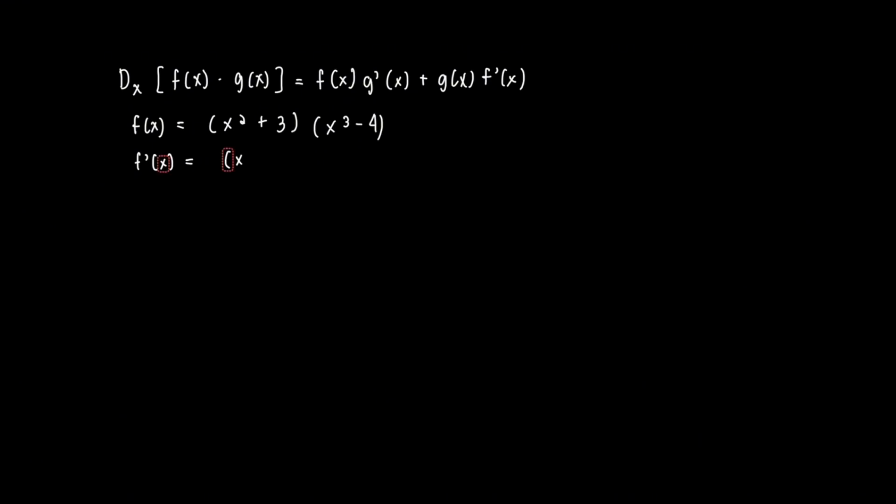So f of x is equal to x squared plus 3 multiplied to x cubed minus 4 will be f prime of x is equal to x squared plus 3 multiplied to 3x squared plus x cubed minus 4 multiplied to 2x.